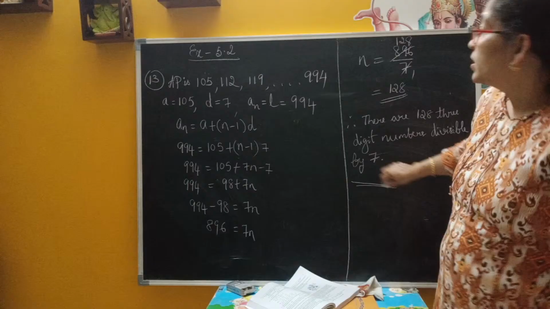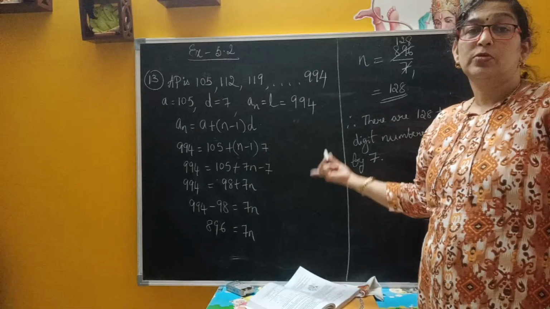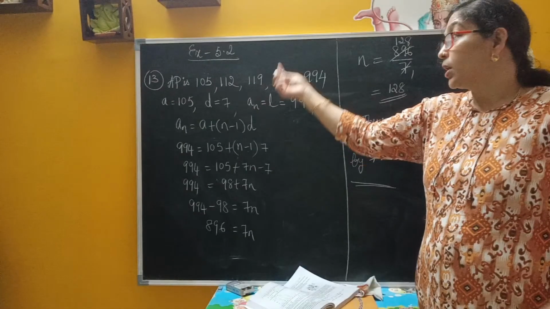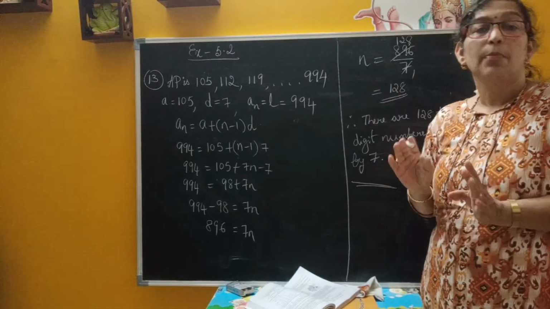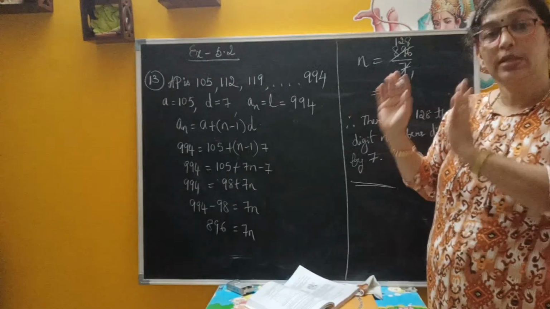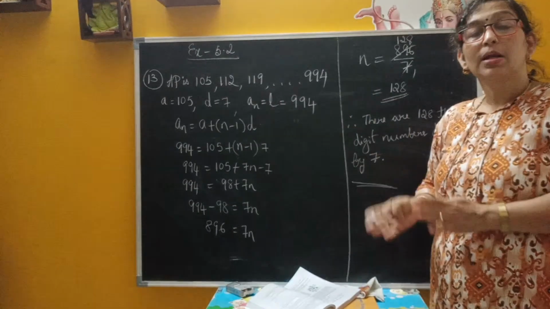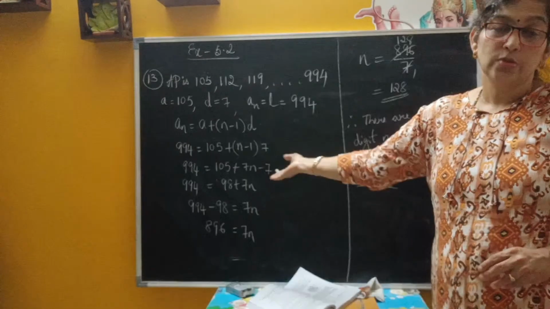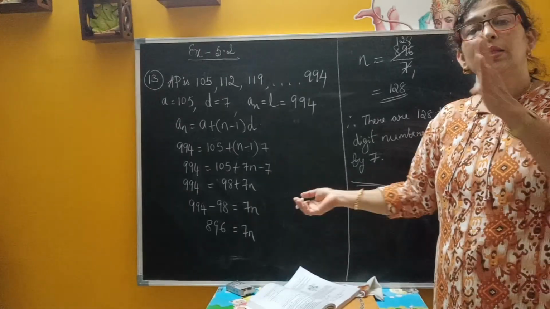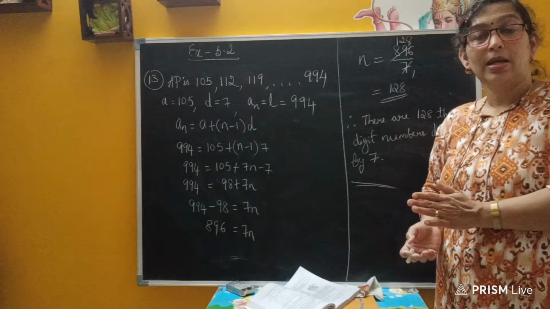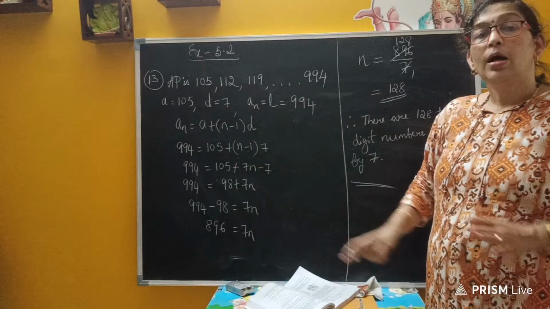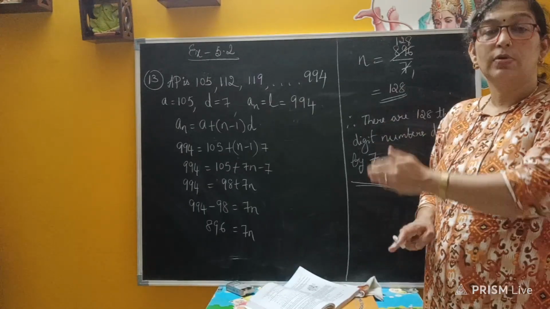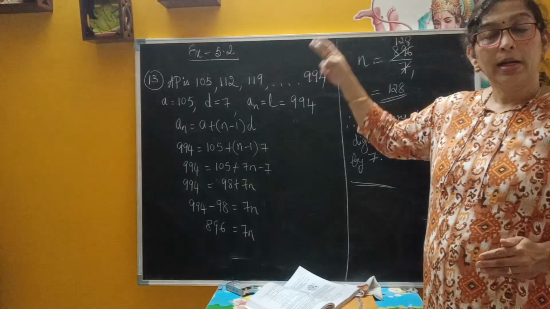So the same procedure should be followed. If it is a multiple of 3, the common difference is 3. So you have to check. If the question is about 2-digit numbers, find which is the first number and which is the last number, then find the value of n using the same procedure. If it is 3-digit numbers and a multiple of 3, what to do? Common difference is 3. So 3-digit numbers start from which number? 100. Then 101, 102, 103.